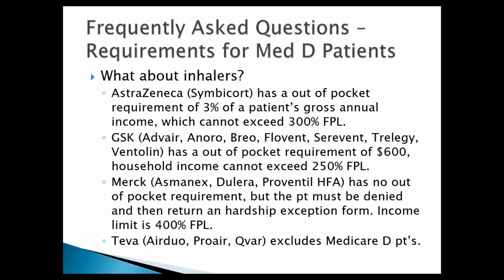I'll walk them through it. But it is available, and it has a pretty high income limit too. Teva, which provides AirDuo, ProAir, and QVAR, excludes Medicare D patients from coverage. But you can usually find an equivalent medication that's on a different program.